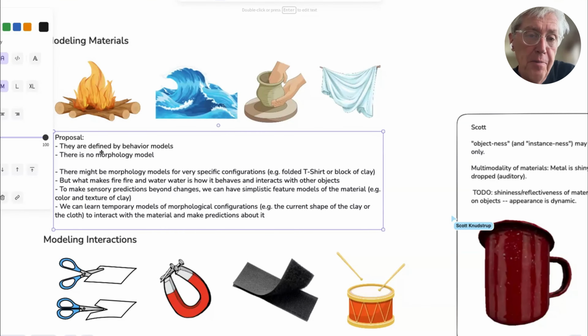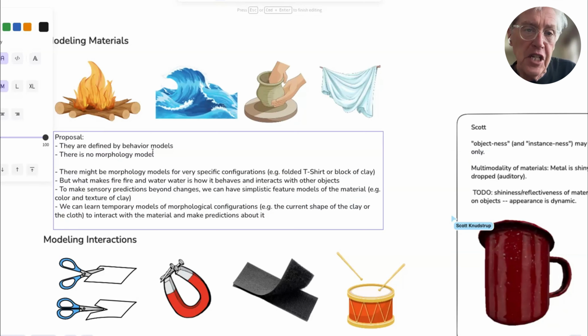Let's follow that analogy. You could say I have the spectrum on the morphology models, and I have the spectrum on the behavior models, and I can identify something anywhere on that spectrum, either behavior or morphology. There isn't a strict behavior of water. Sometimes it drips, sometimes it splashes, sometimes it sloshes around, sometimes it's running over the counter.